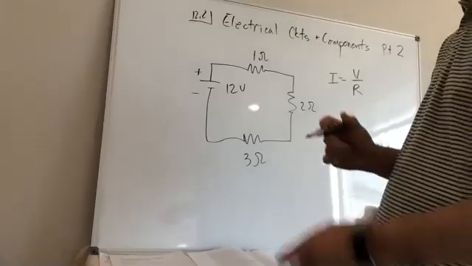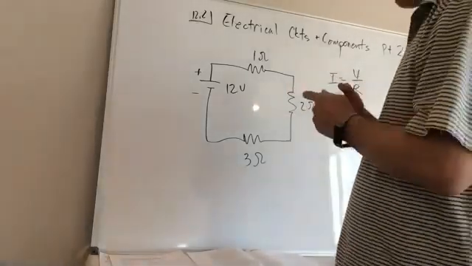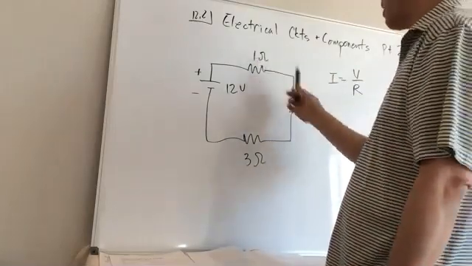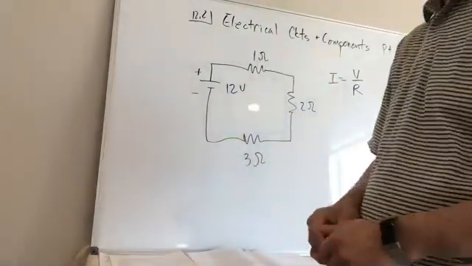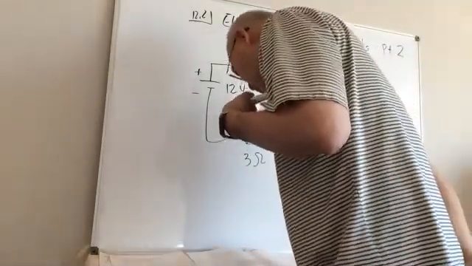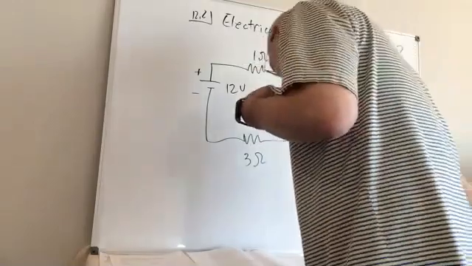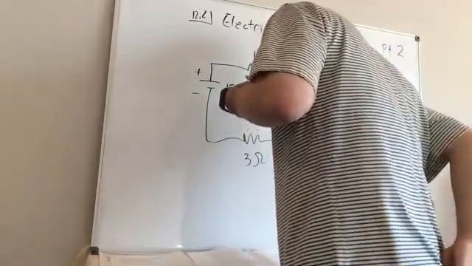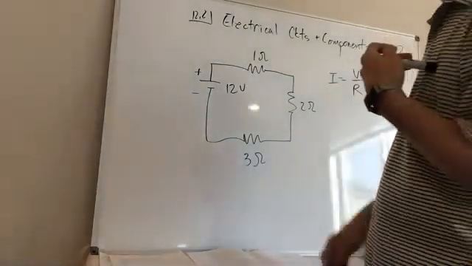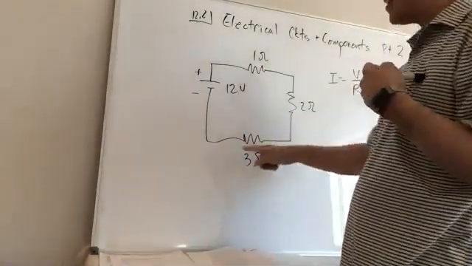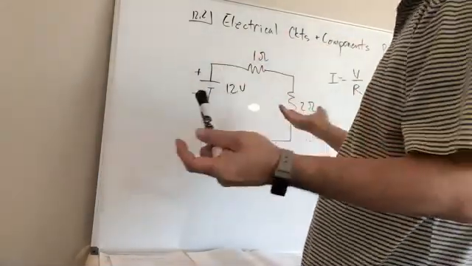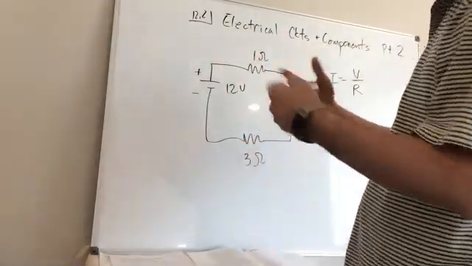The question is, how do we determine the total resistance from the 1, 2, and 3? If you go to page 412, the equation 12.5 shows that when they are in series, you just add them all together, and that is your total resistance.